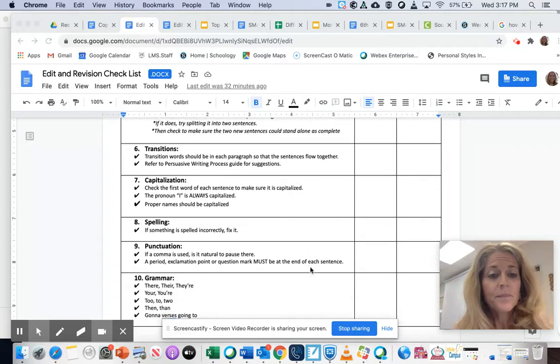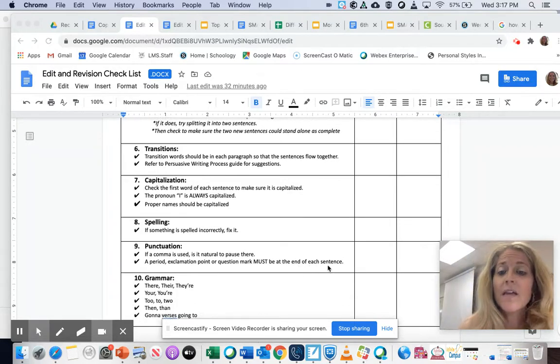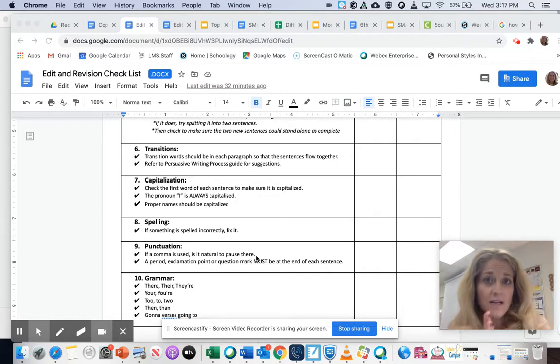Punctuation: period, exclamation point, question mark at the end. Also, since we're typing, after every punctuation mark there's a space after it, not before it, but after it. So period, space, and then start.